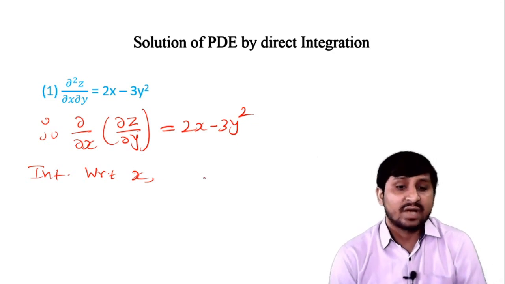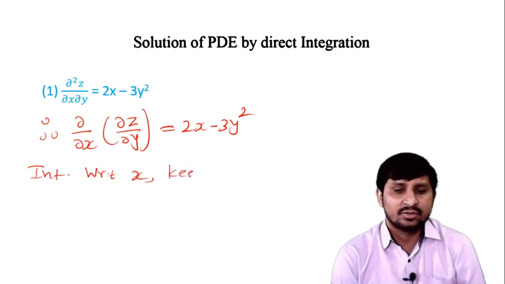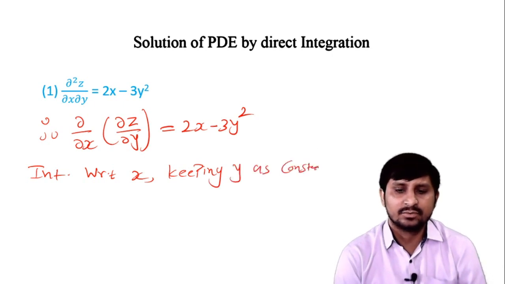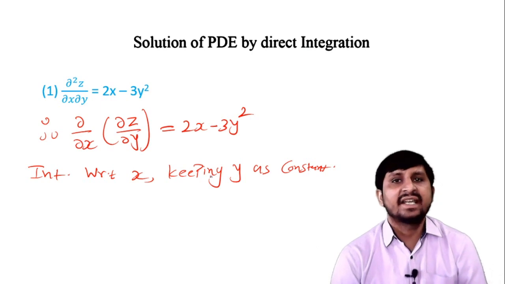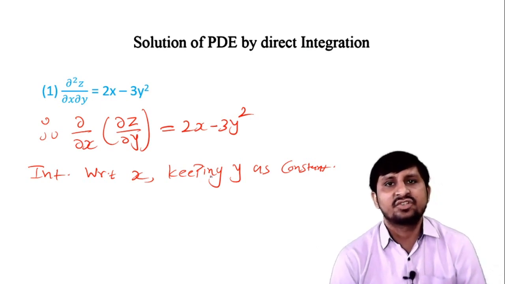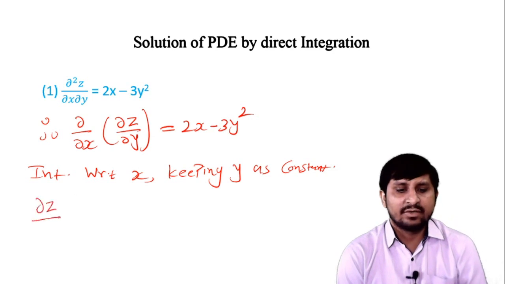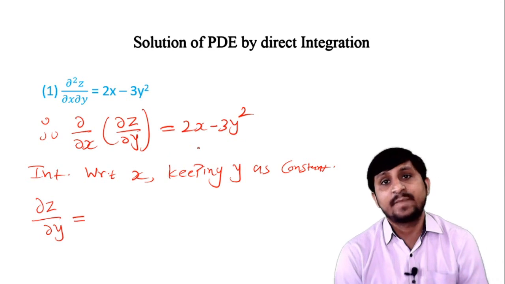Integration with respect to x on both sides, keeping y as constant, and that's why we can add some function of y. So the left hand side is now del z by del y, and the right hand side is integration with respect to x only.